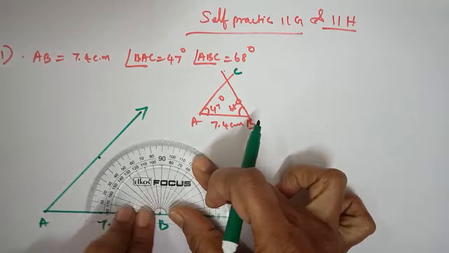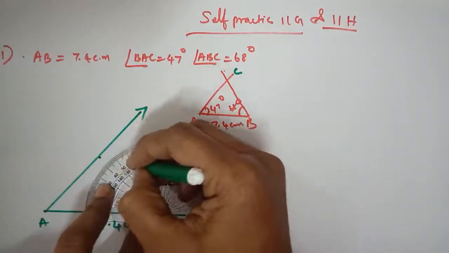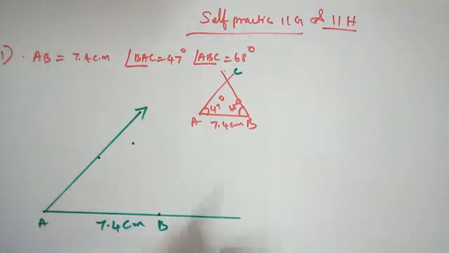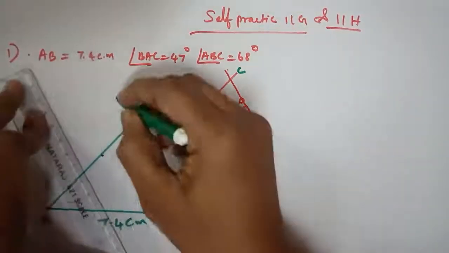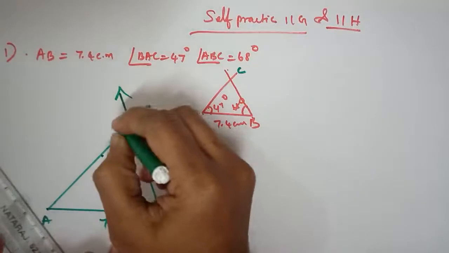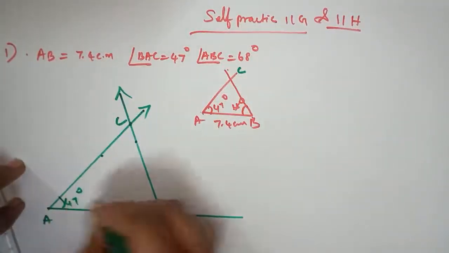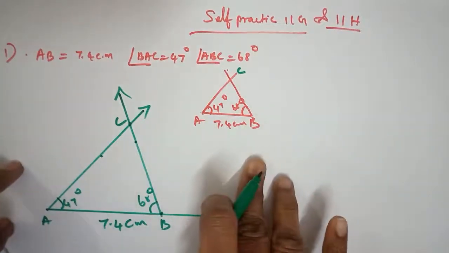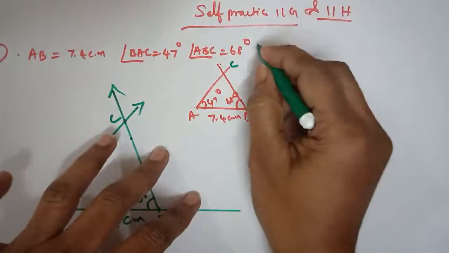Here 10, 20, 30, 40, 50, 60, 68. This point, mark C on it. So this is 47 degrees, this is 68 degrees. Now this triangle is the required triangle. Is it clear?